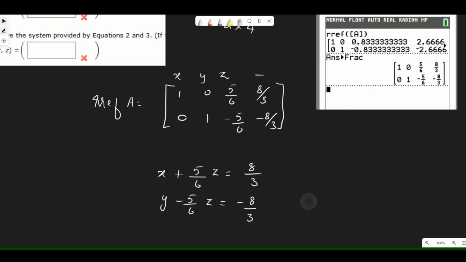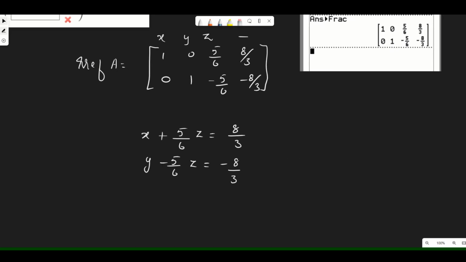So from these two, it looks like I have only two equations for three unknowns. So again, starting from the bottom value, I am taking a parametric result for z. Let us take z as t. When z is t, from the second equation, I get y equal to negative 8/3 plus 5/6 z, which is negative 8/3 plus 5/6 t.